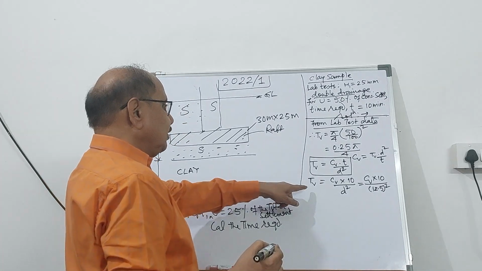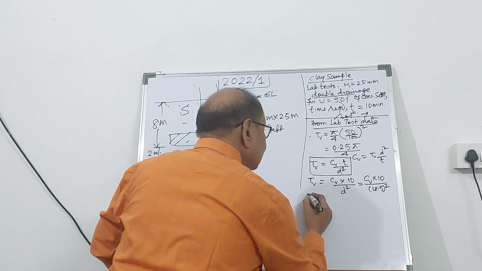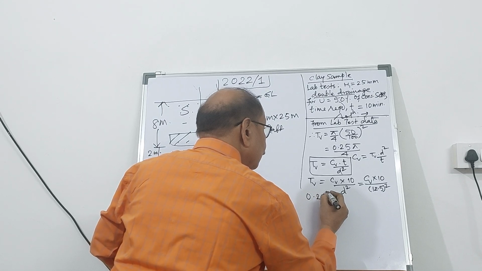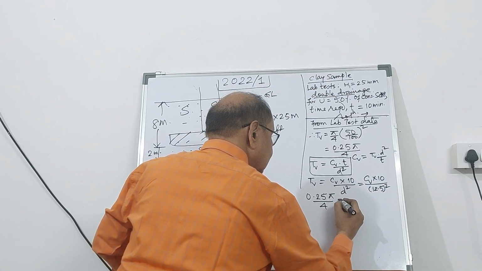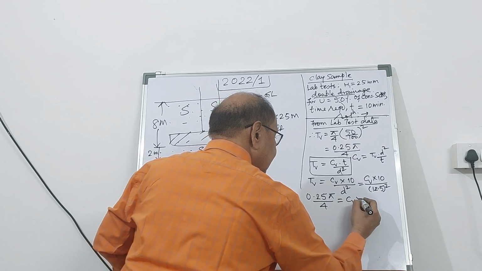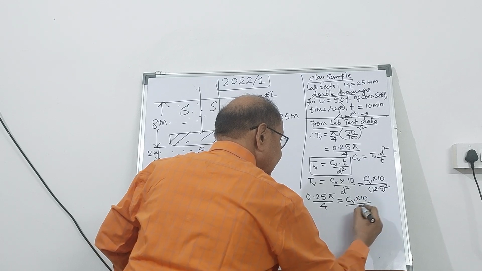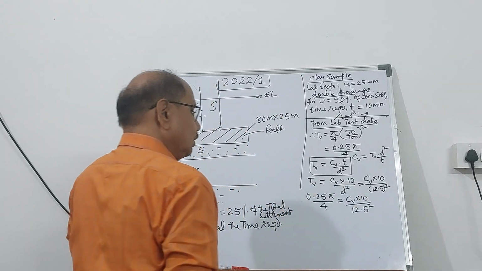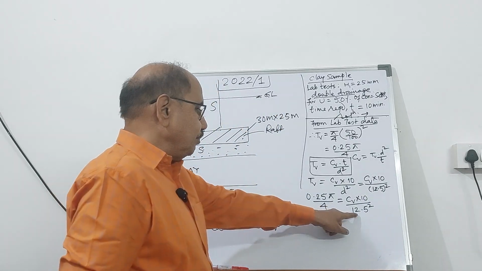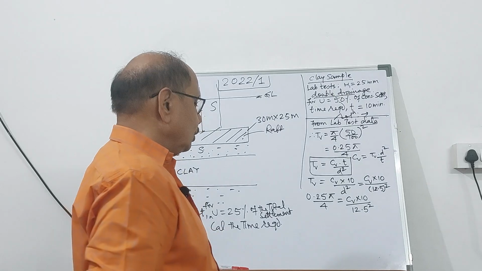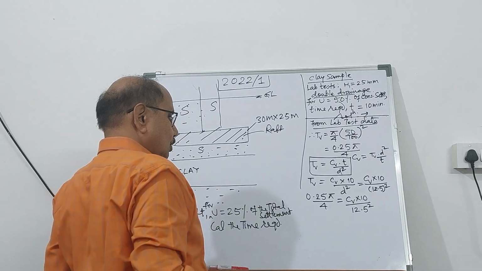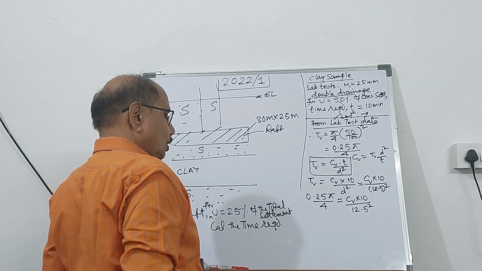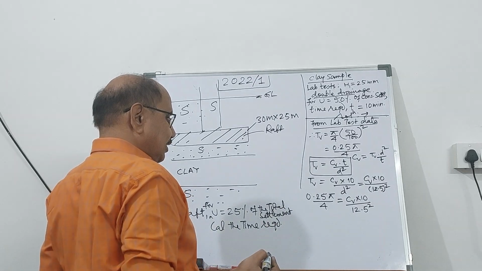Now what is the value of TV? TV is 0.25 times pi by 4 equal to CV into 10 divided by 12.5 whole square. This is in millimeter H, so 25 millimeter divided by 2 for double drainage, and time is in minutes.